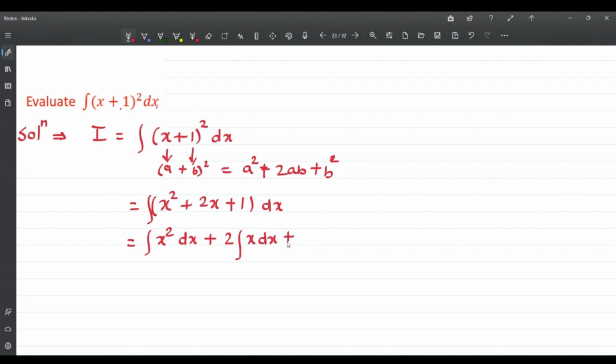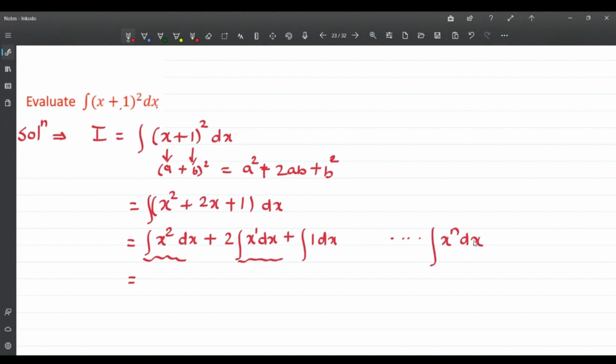The last one is constant, but we have the 1 dx formula for integration. Here the power is 1. Now we can use the integration x raised to n dx formula for this term and this term also.